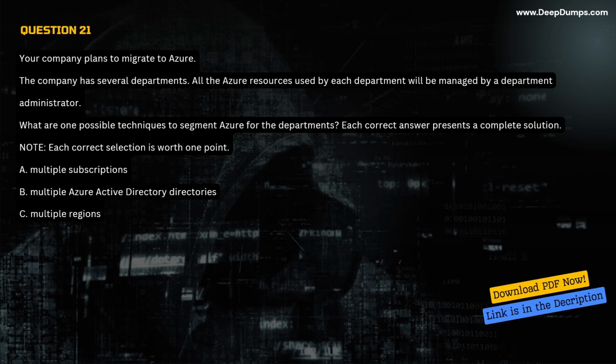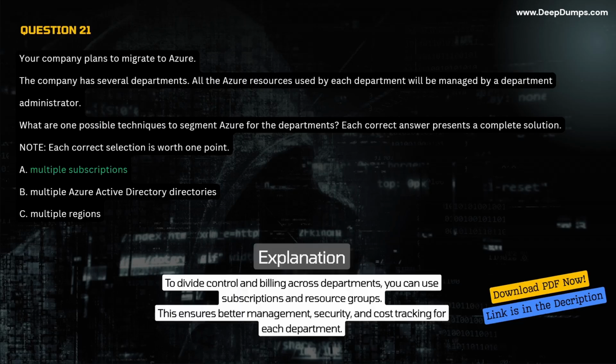B. Multiple Azure Active Directory directories. C. Multiple regions. Correct answer is A. Multiple subscriptions. Explanation: to divide control and billing across departments, you can use subscriptions and resource groups. This ensures better management, security, and cost tracking for each department.